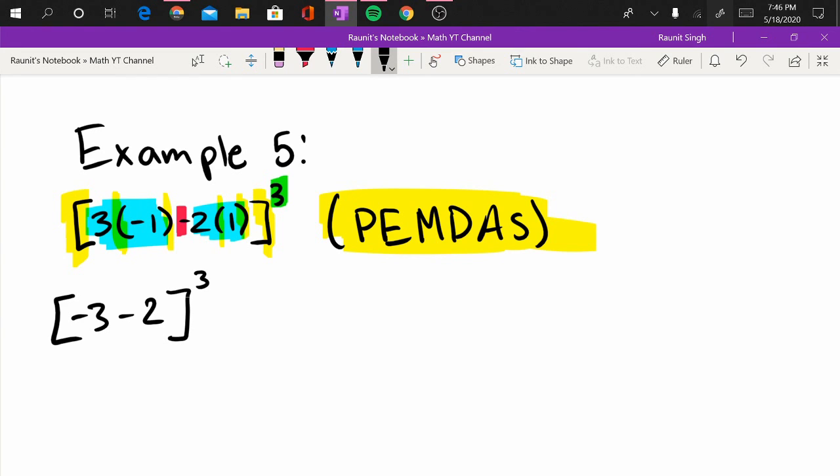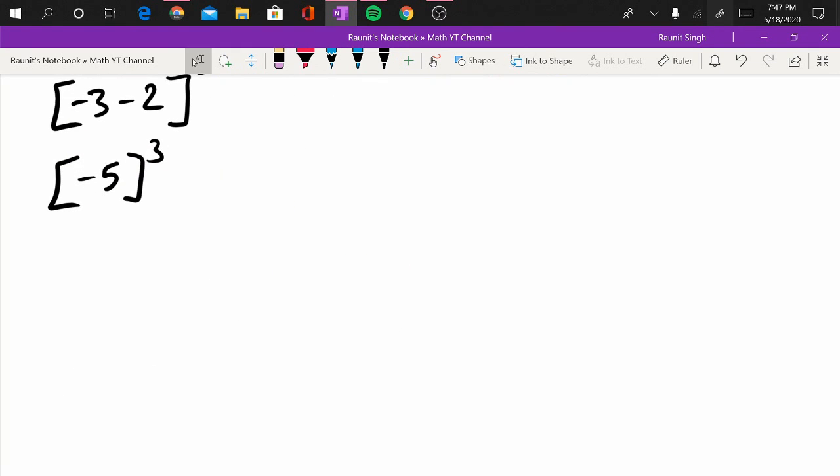Put the cube back down here. And then you do brackets, negative 5, brackets, cubed. So since it includes the parentheses slash brackets, we have to include the negative, which means you're getting negative 5 times negative 5 times negative 5.